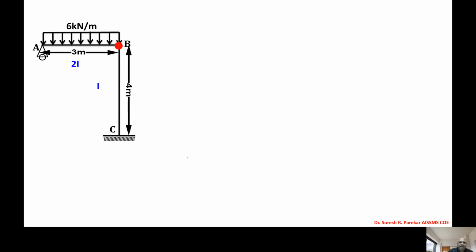Then we have this as last example in this. So now we have again RA we have over here as summation fx equal to 0. So my value of HC becomes 0. So first equation, fx equal to 0, and therefore HC equal to 0, no horizontal load. So now we have 3 unknowns only.